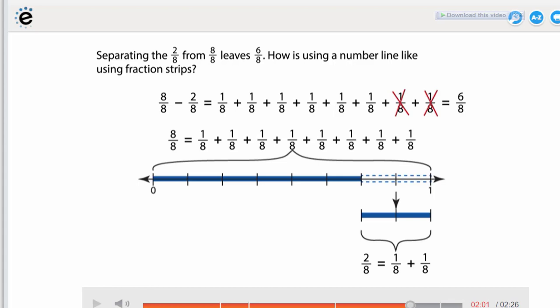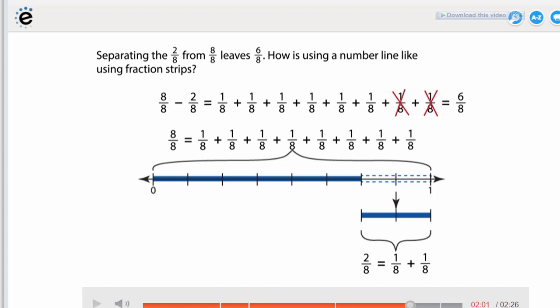Great. In the other model, you also subtract from 8/8, and here is the number line. He takes 2 from the 8/8, and now it is 6/8.